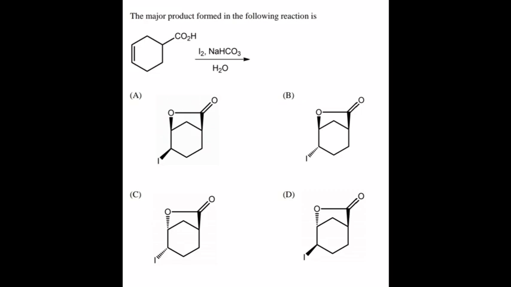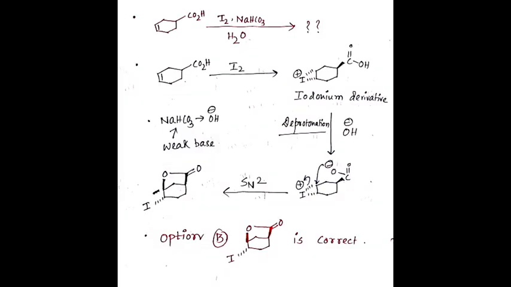Okay, so here a cyclohexene type of derivative in the presence of iodine and sodium bicarbonate gives a major product. Out of these four options, one is your desired product. Okay, so let's move into the answer.